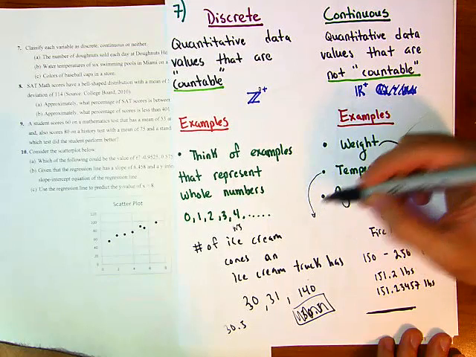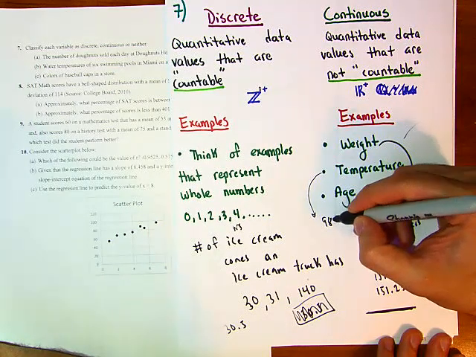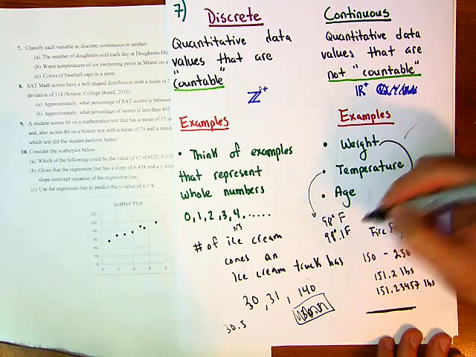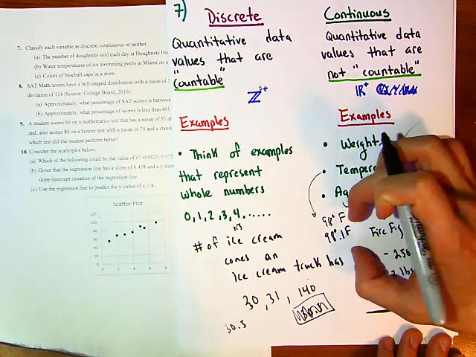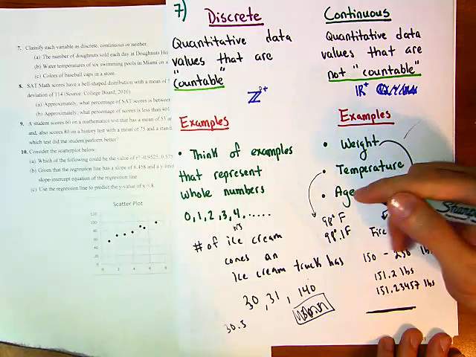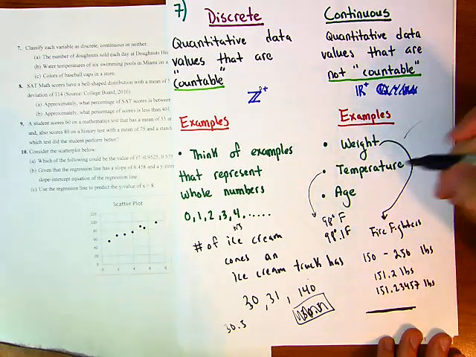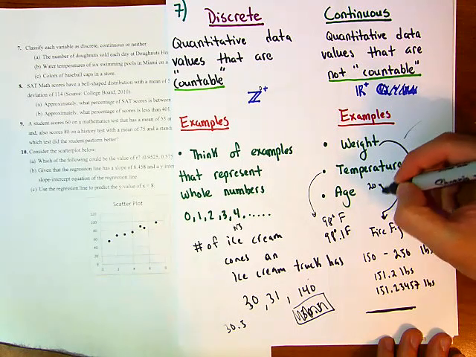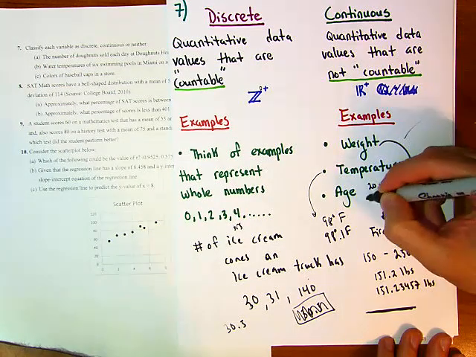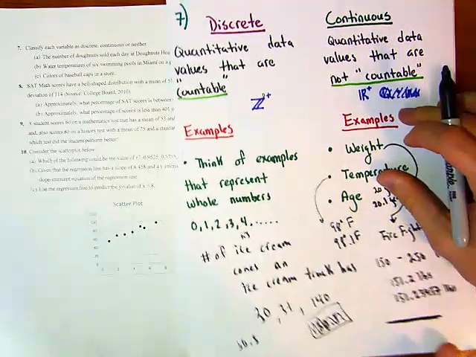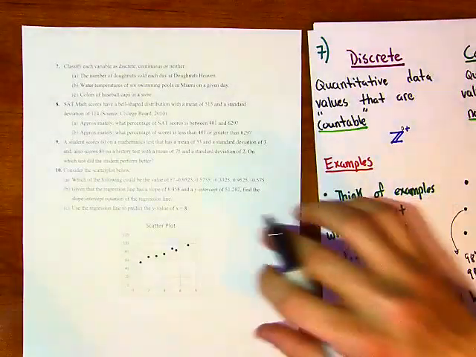You can be 98 degrees Fahrenheit, or you could be 98.1 degrees Fahrenheit outside, or something like that. So you have every number between your set of numbers. Age is another one. You could be 20 years old, or you can be 20.1 years old. Okay? So let's look at these examples over here.